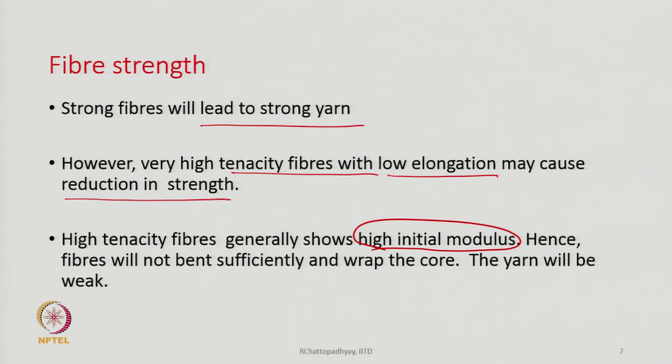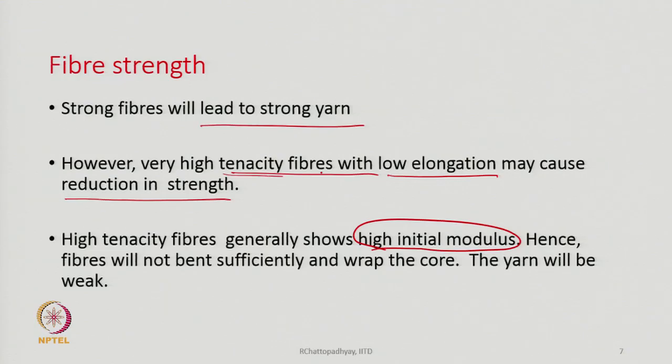So, these fibers will not be able to bend and therefore wrap the main core, and the wrapping is not proper, that is wrappings are not tight enough, then fibers can easily slip whenever there is a tension on the yarn, and hence very high tenacity fiber is not going to give you very strong yarn.